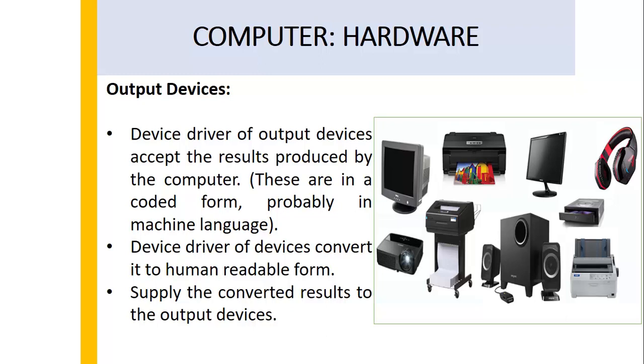Some of the output devices displayed on the right-hand side are monitor and printer. Monitors can be of different types. We also have headphones, speakers, projectors, and CD-ROM, right, for writing the data.